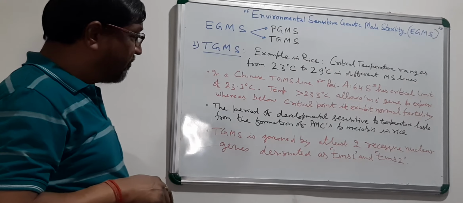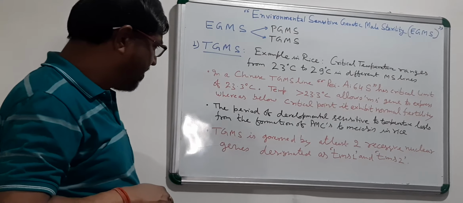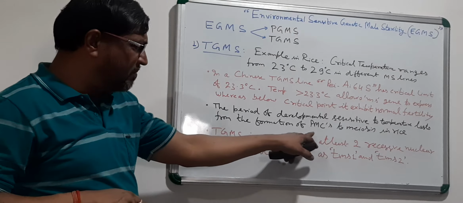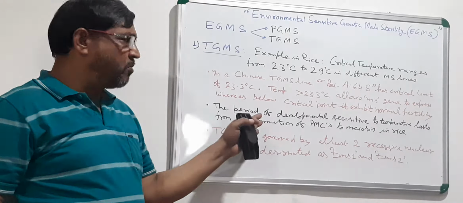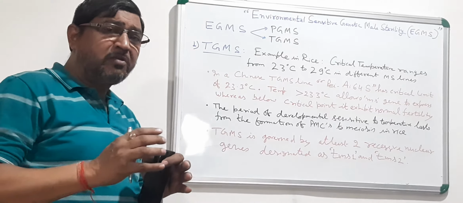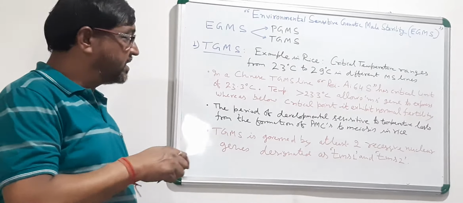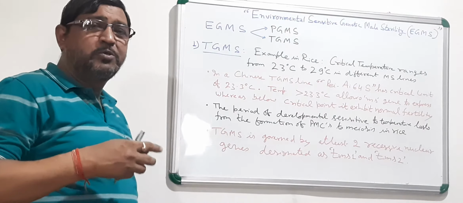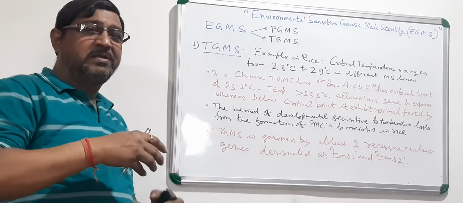So the period of developmental sensitivity to temperature lasts from the formation of pollen mother cells to meiosis in rice. Means, what is the practical use of this sentence? That for expression of MS gene in rice, in TGMS lines, you have to provide that temperature, 23.3 degrees Celsius.